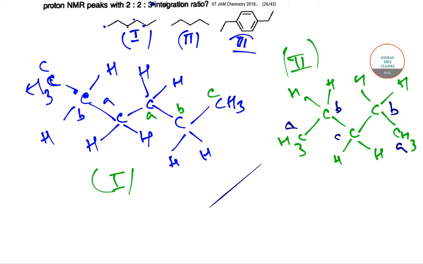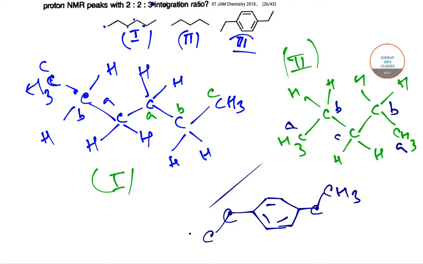And structure number 3 is a ring structure with these two CH3 atoms. So this is a carbon, this is a carbon, this is a carbon, and this is another carbon atom.